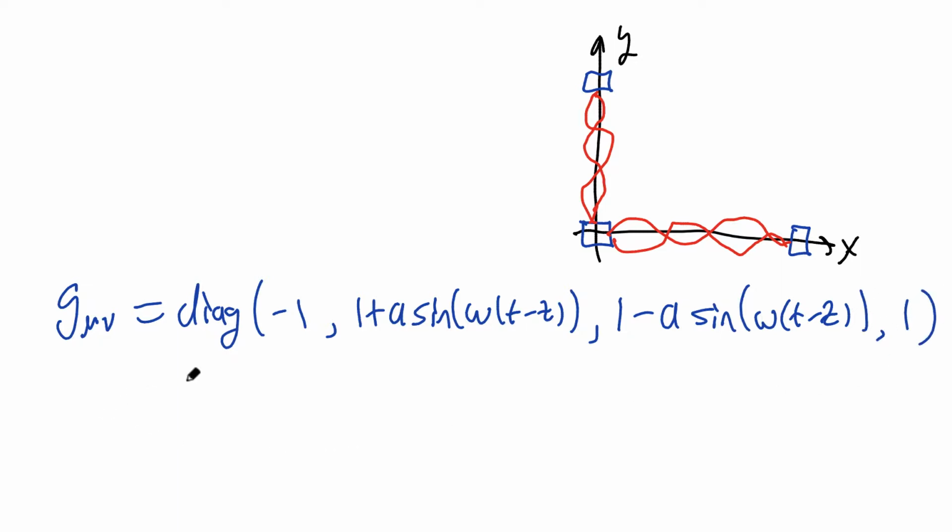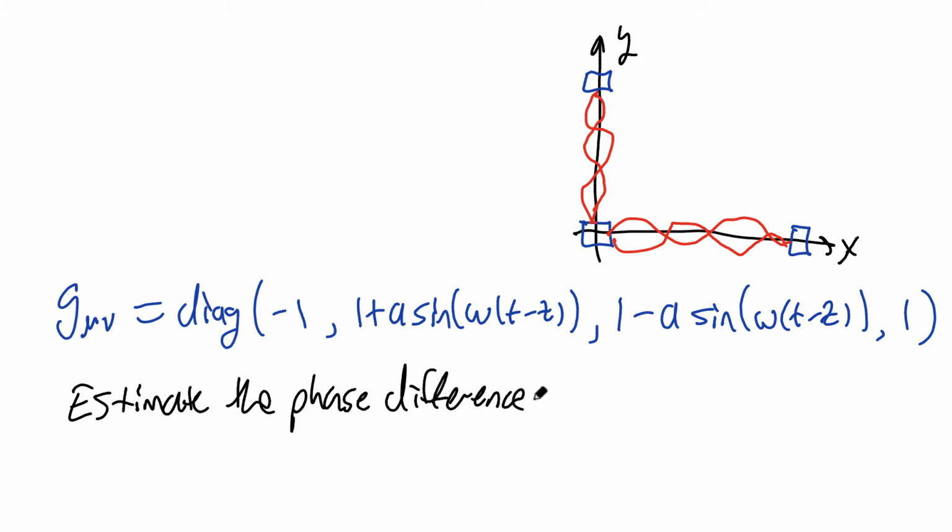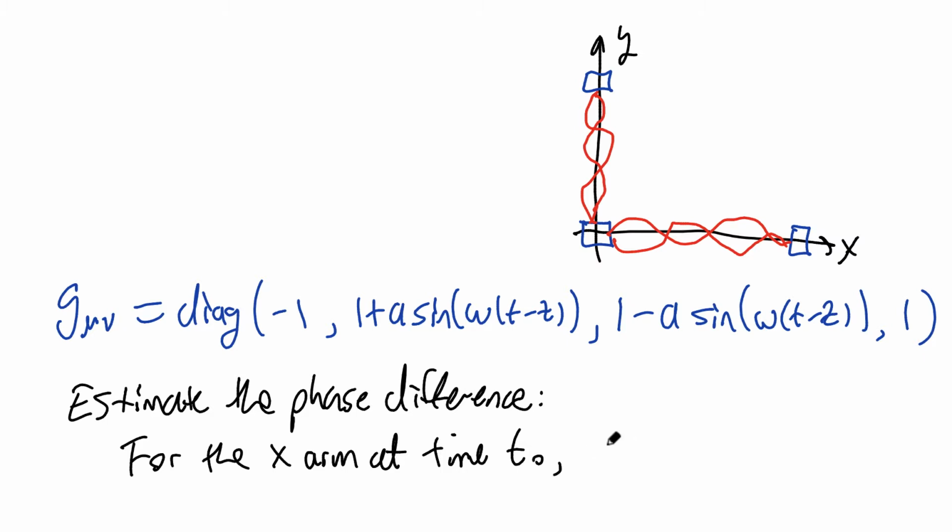Now let's see if we can give a rough estimate of the phase difference between the light that travels down the X and Y arms. Let's first compute the length of the X arm at some time t0. So for the X arm at time t sub 0, and we'll take z equals 0. So we're assuming that the interferometer lies in the z equals 0 plane.